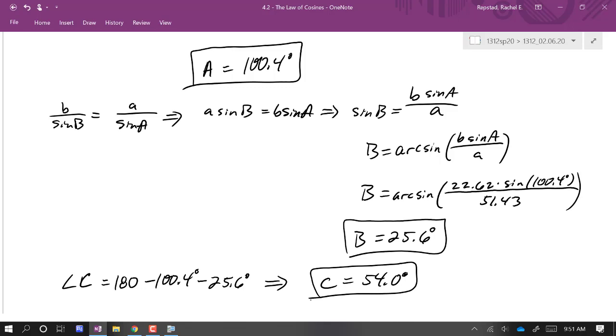How's that? Are there questions on that example?